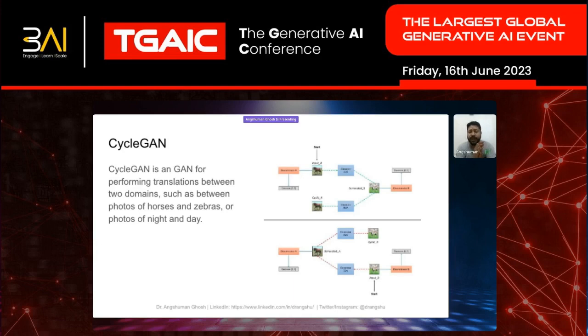Now let us focus on the diagram on the right, and first focus on the top right part. We start at the top, where we take an image, which is the input horse image. Now this image goes to a generator network, just like we have seen, and it tries to create a zebra image. So domain A to domain B. Domain A here is horse, domain B is zebra.